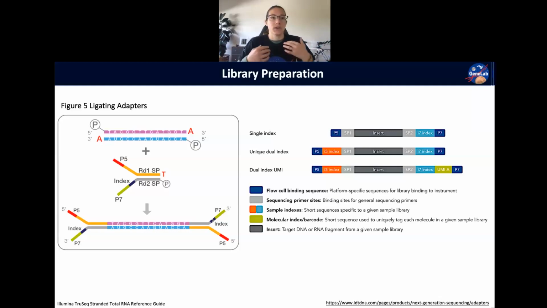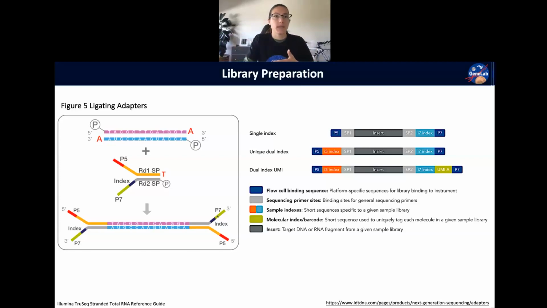Once we do the sequencing, for each short read that we get back, we need to know which sample it came from, since we combined the libraries from all samples together.